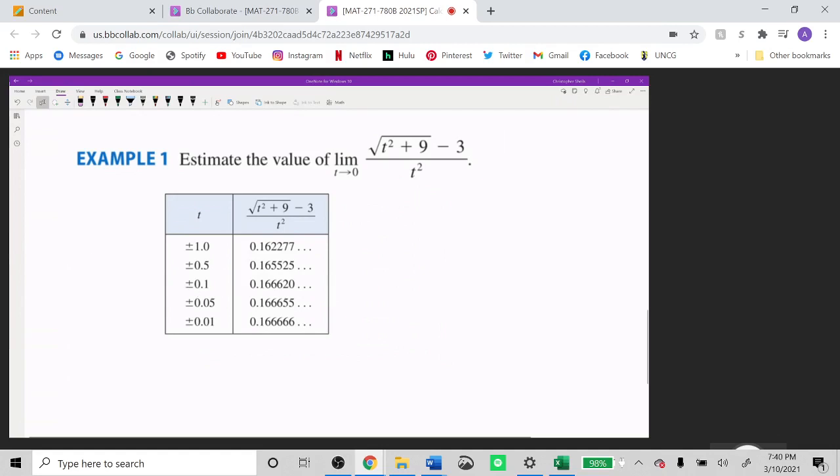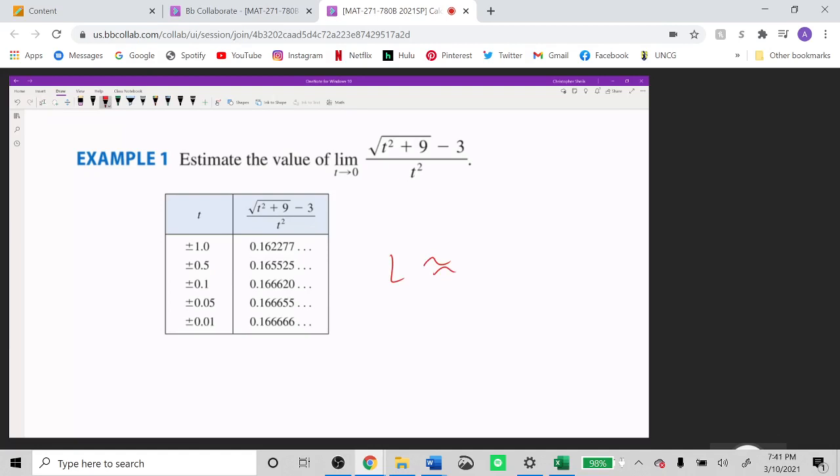What do we think that the limit is based on this table? 0.17. Yeah, 0.17, or maybe we think that the limit here is about 1/6.